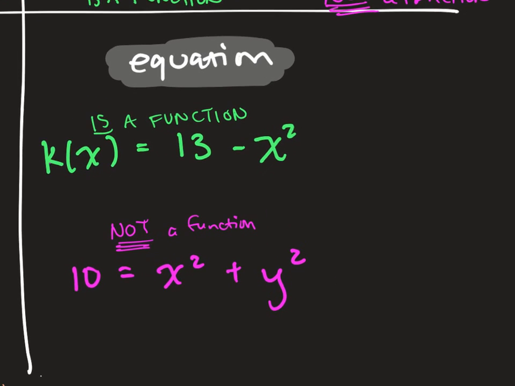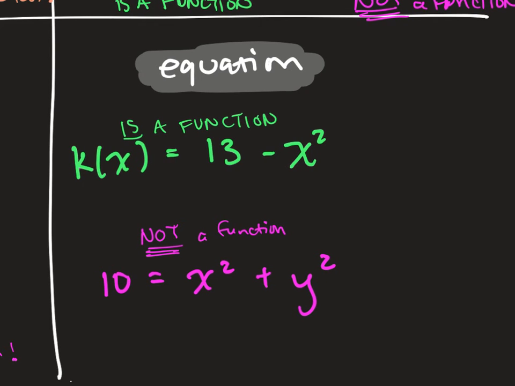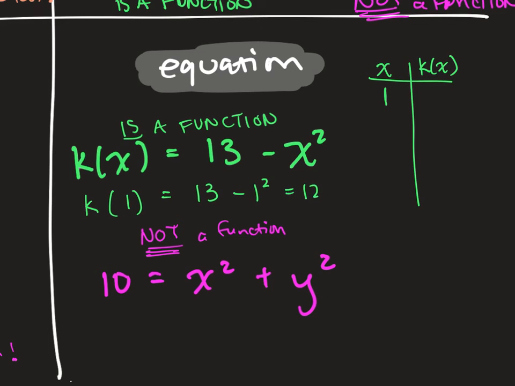And the last one, this is an equation. This first one, let's try, and we're going to make a table to go along with our equation because I think that might help us. So if we put in k and we input 1, so we're going to plug in 1 and find out what we get. We'd have 13 minus 1 squared, and that's equal to 12.